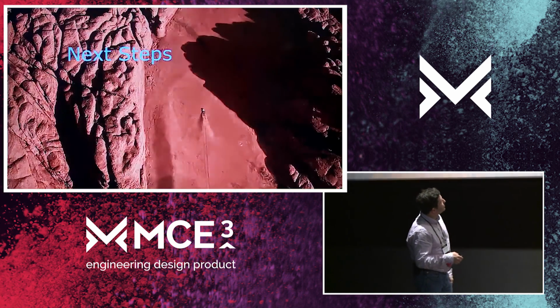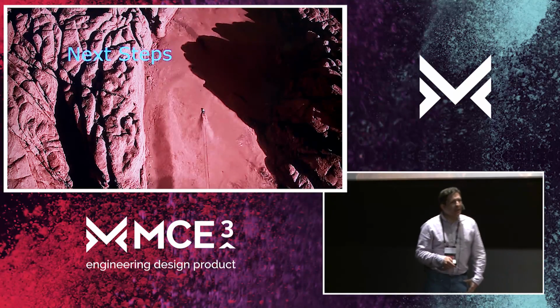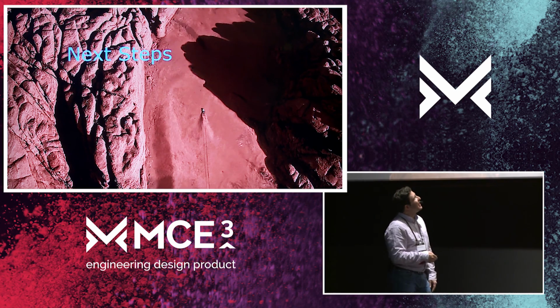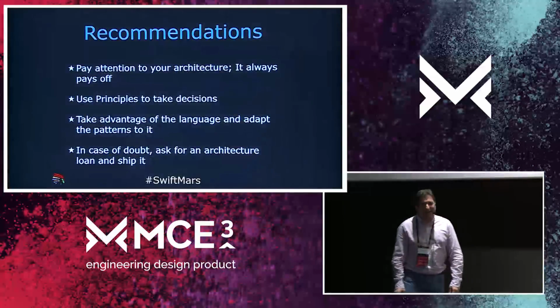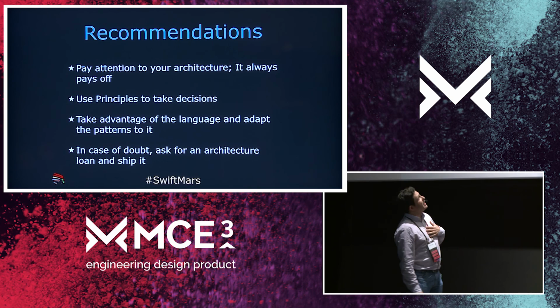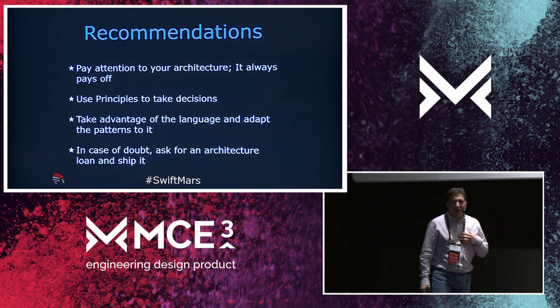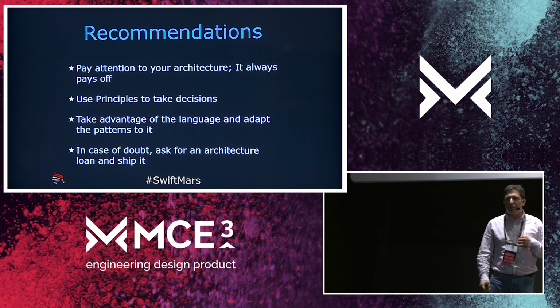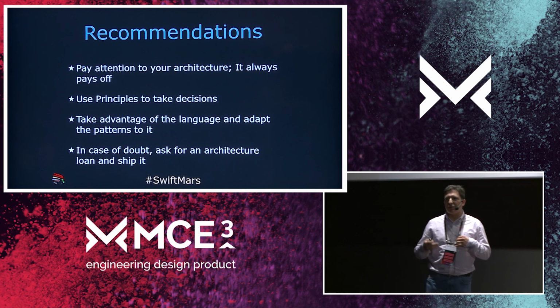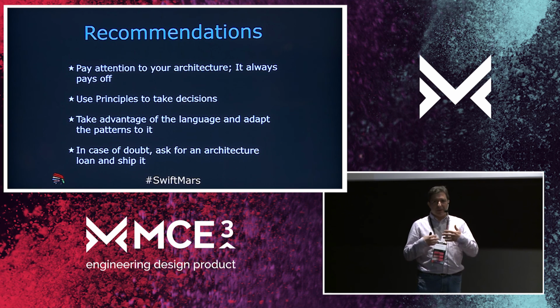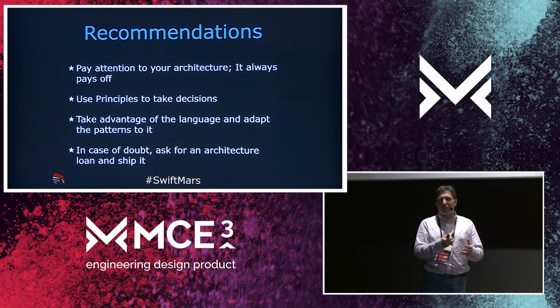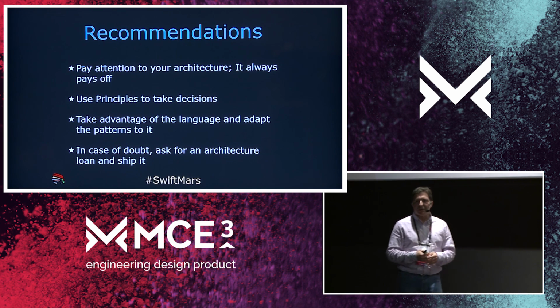Okay, so finally, and this is the closing one, what can we do next? My recommendation is to pay attention to the architecture. It is something that you better do sooner than later, because the sooner you do it, the more return you will get from that investment.